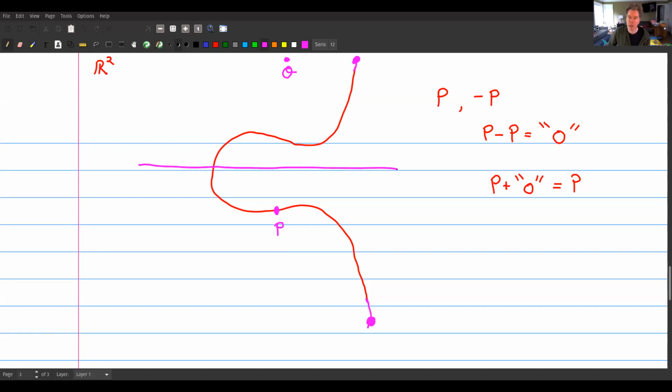So the meaning of minus P is the reflection of P across the x-axis. So for every point on the curve, there is an inverse, and it's just its reflection across the x-axis. So now, what is the sum of these things?